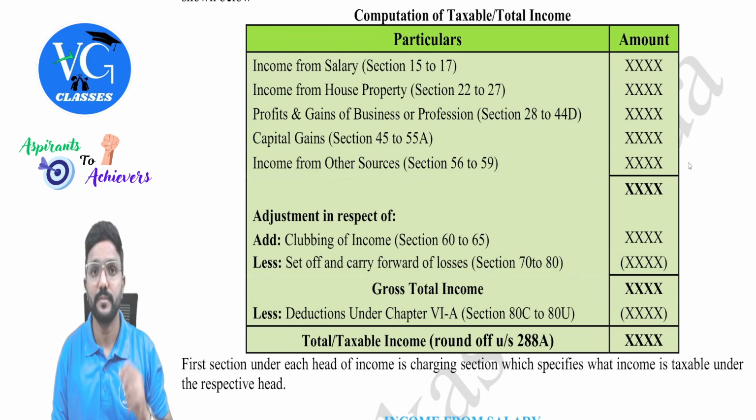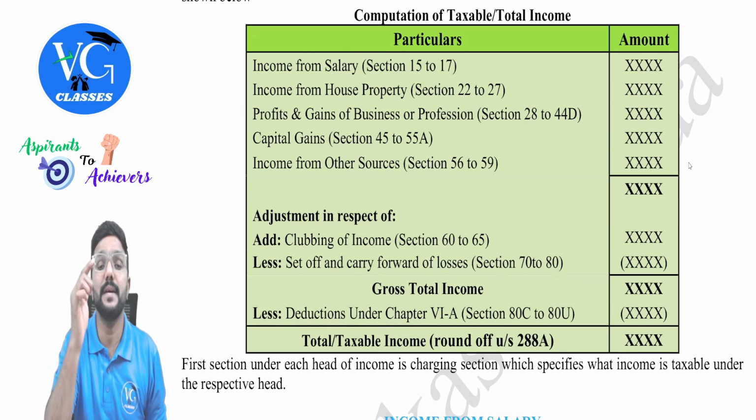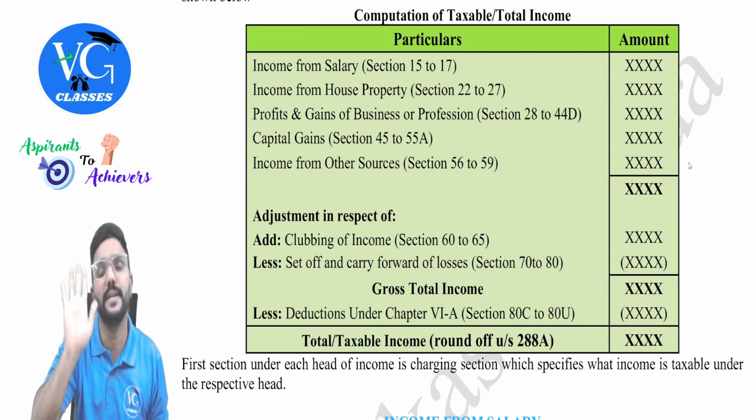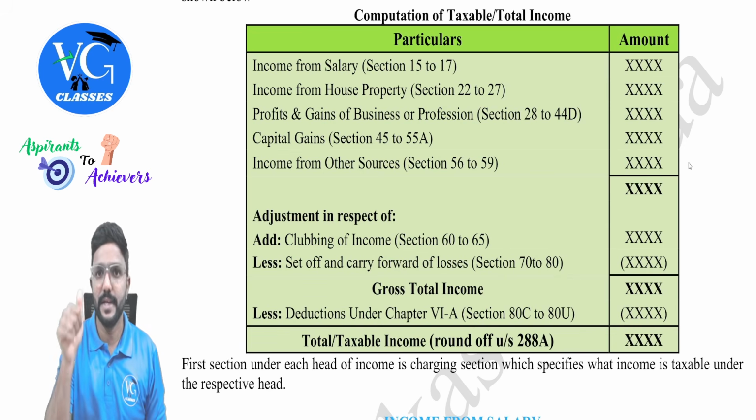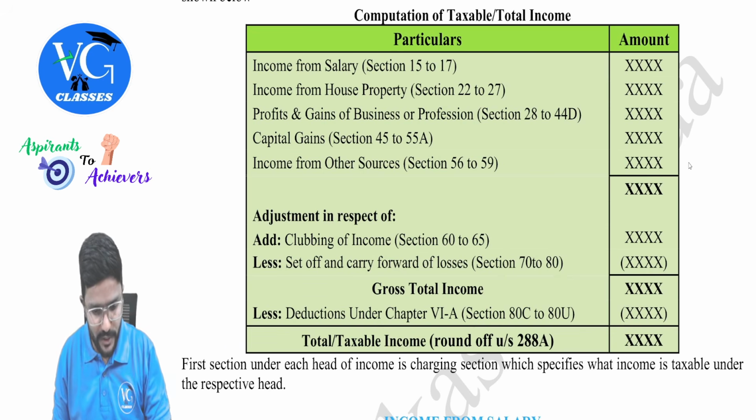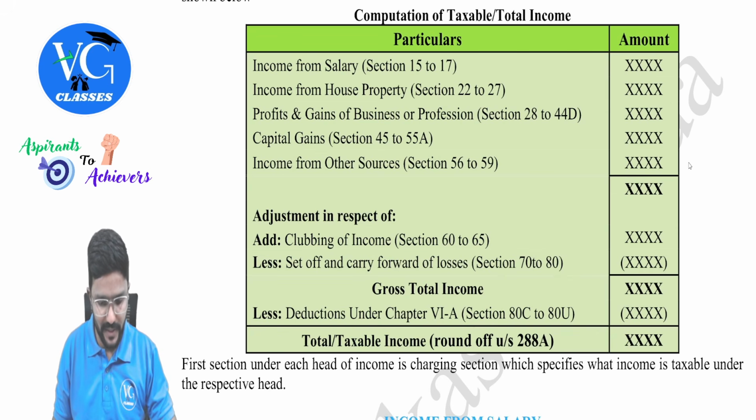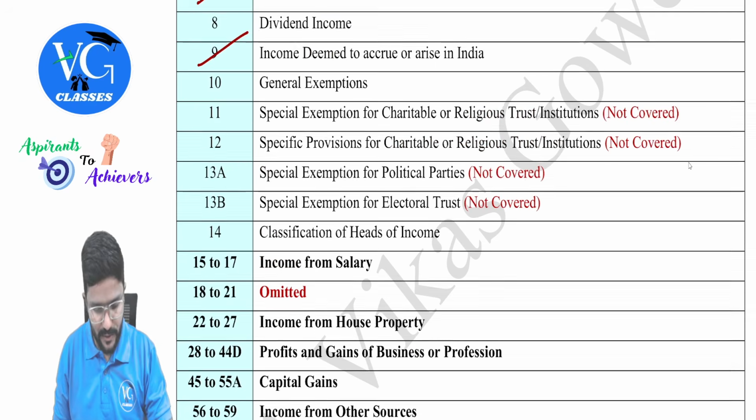Now, in each head, we have one specific charging section. That is, the first section under each head will tell what income is taxable under that particular head, guys. Is that clear? I will just go to page number 1 where I have given the list of section numbers. We'll just mark them, guys.